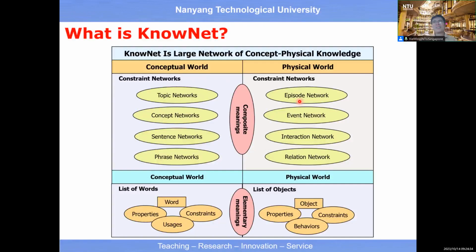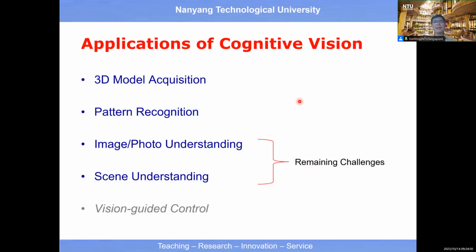A lot of people are still struggling with how to represent knowledge from the physical world, how to represent knowledge from the conceptual world, etc. Actually, I believe this slide provides the answer already. Since today's lecture is not to teach you the theory about vision, because if you want to learn vision, at least you need to spend one semester to know the details, right?